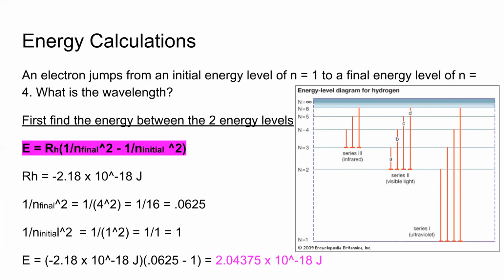And n initial is the same concept: 1 divided by 1 to the power 2, which is 1 over 1, which is equal to 1. Now we just plug those values back into our original equation, the one highlighted in purple. So we have E is equal to negative 2.18 times 10 to the negative 18 joules.